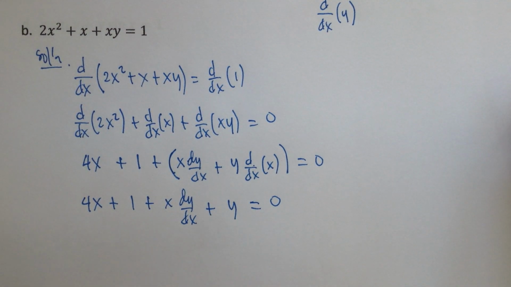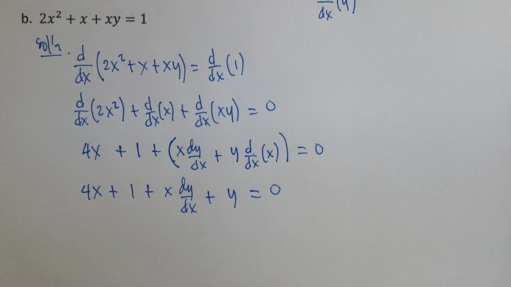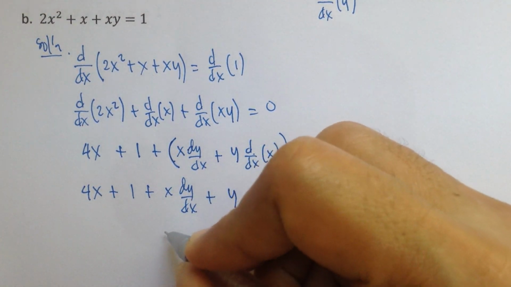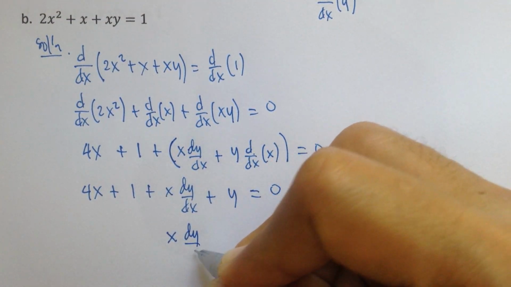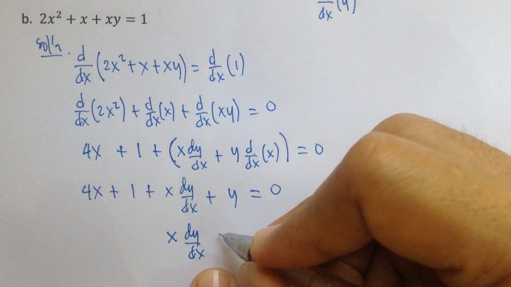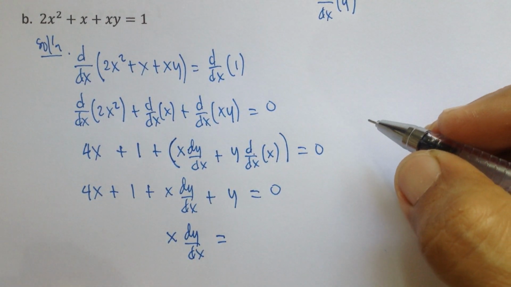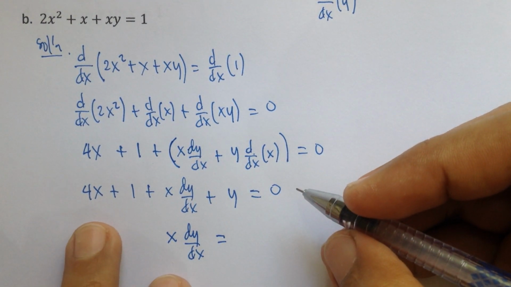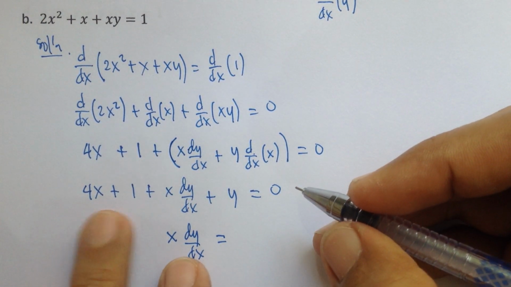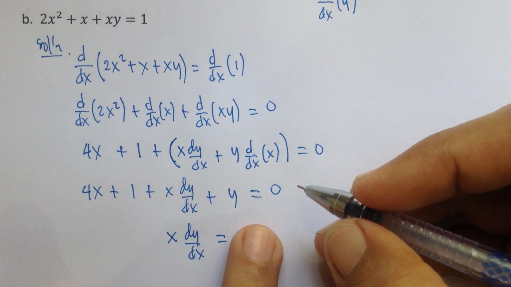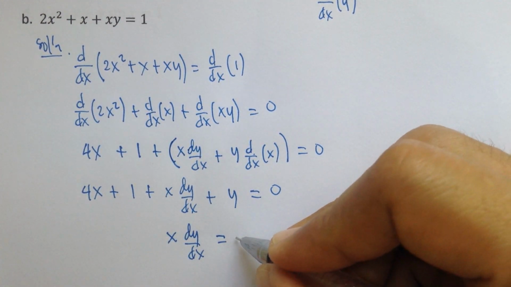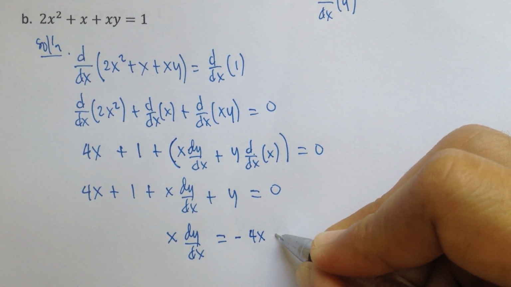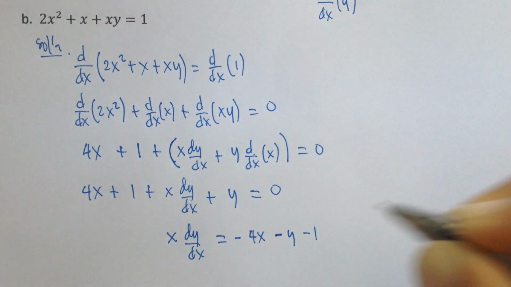And then after that, be sure to solve for dy dx. Okay, so how? Manipulating the equation, you have x dy dx, and the rest will be placed on the other side. We do that by subtracting 4x, 1, and y from both sides. So we have negative 4x minus y minus 1.